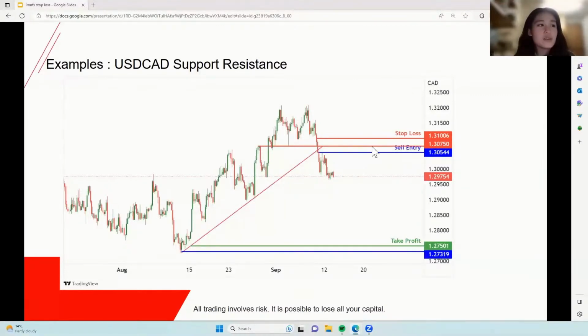I mentioned that when we have significant areas of resistance, we want to place our stop loss beyond it. That's exactly what we did here. As for our take profit, I have a big swing low over here, which is why I place my take profit before it instead of below it.